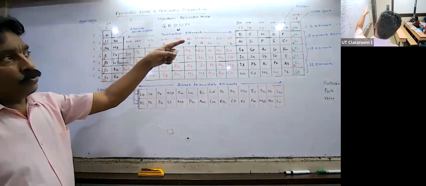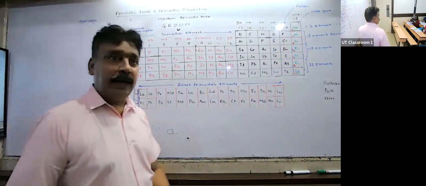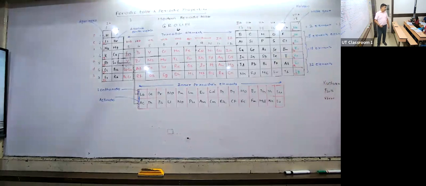Lithium to neon, we have 8 elements in the second period, because the second shell can accommodate 8 electrons. The third shell can accommodate 18, but we have only 8 elements.